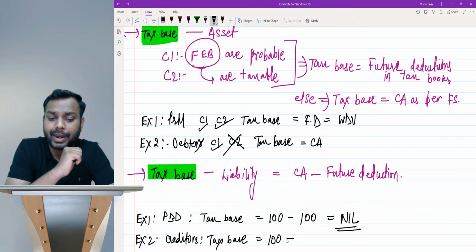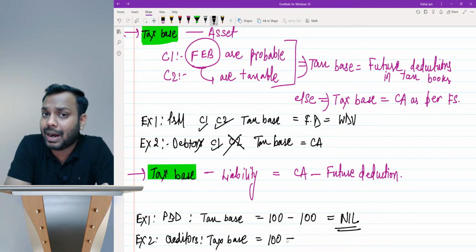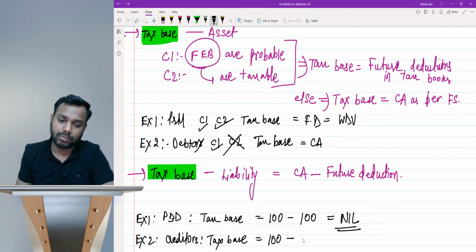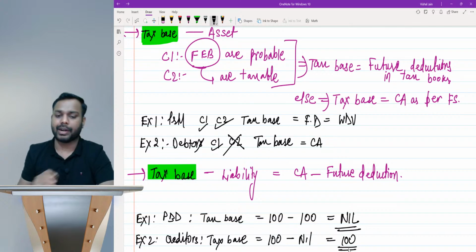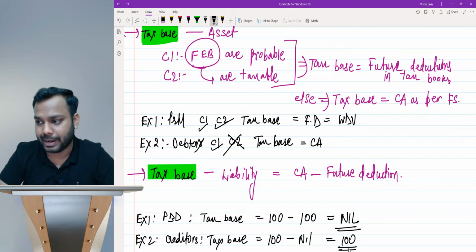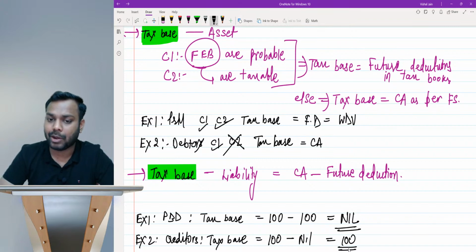Will we record any future tax expense? No. So it is 100 minus nil, which is equal to 100. Is that clear, guys? The tax base of a liability is clear, I hope.